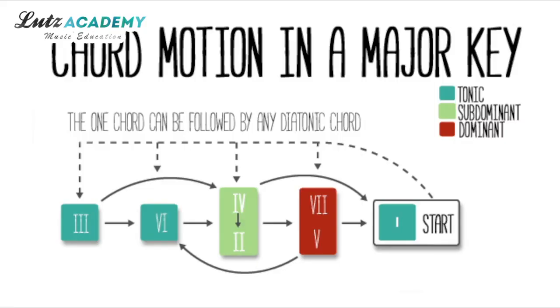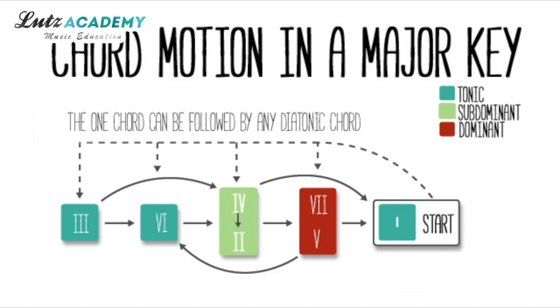Now if you look at the image on the screen, you'll notice some squares on the right side, right underneath the words major key. And it says tonic, subdominant, and dominant. Now let's look at which chords fit into these 3 basic categories. These 3 basic categories are explaining the function of the chords in a key.